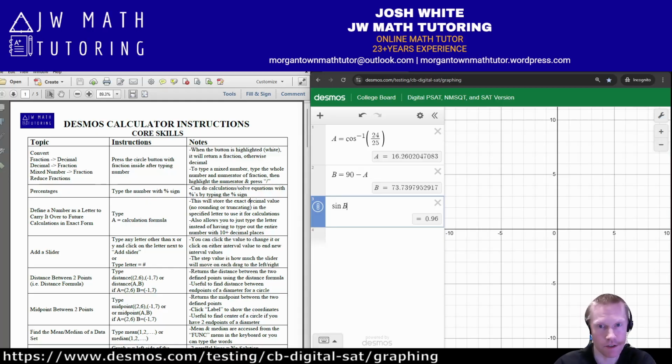Okay, notice it actually gives me a nice answer here, 0.96, right? If you had just rounded this A value to 16.26 or 16.3 or whatever, or this B value to 73.74 or 73.8, when you go to do sine B, you're not going to get this nice answer.